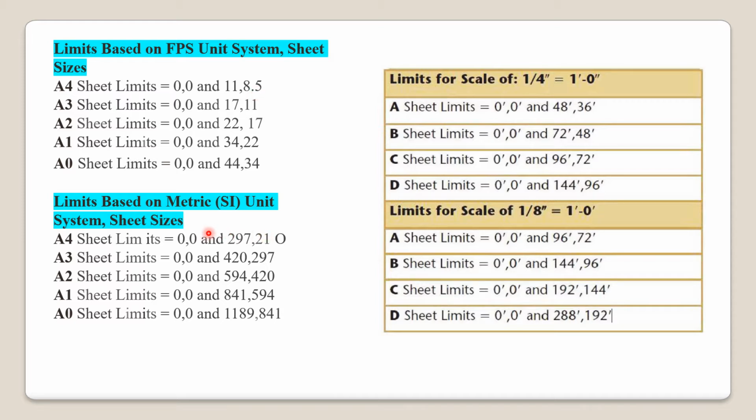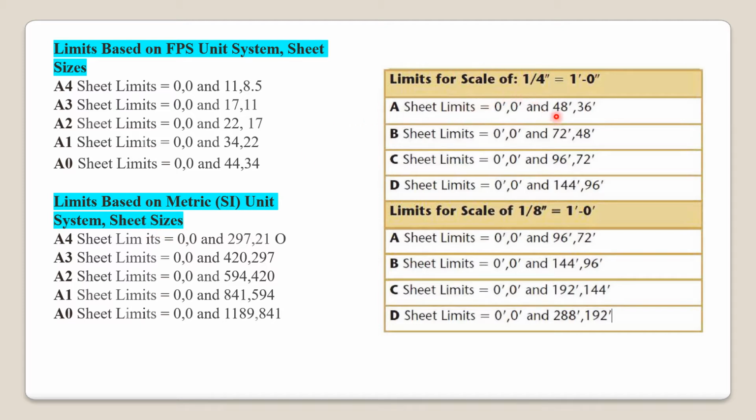Similarly in the metric system, x comma y is 0, 0, and the upper limits are 297 in x and 210 in y.